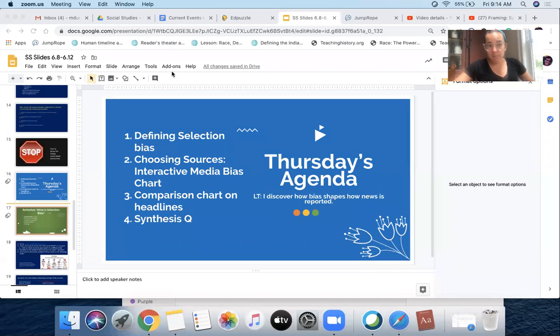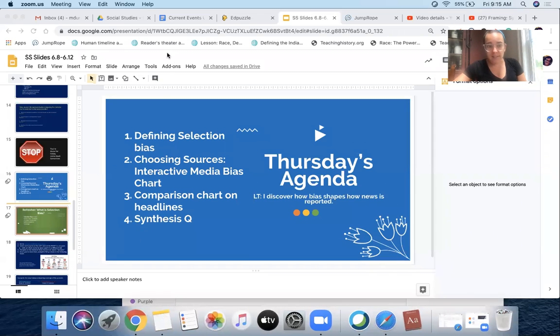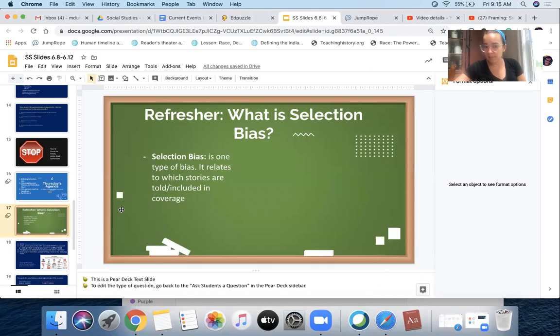So instead of looking at just one story and how that story is told, you're going to look at what stories are being told. What stories are two different news outlets focused on, and what does that mean? A really good way to help us understand where we see bias is thinking about something called selection bias.